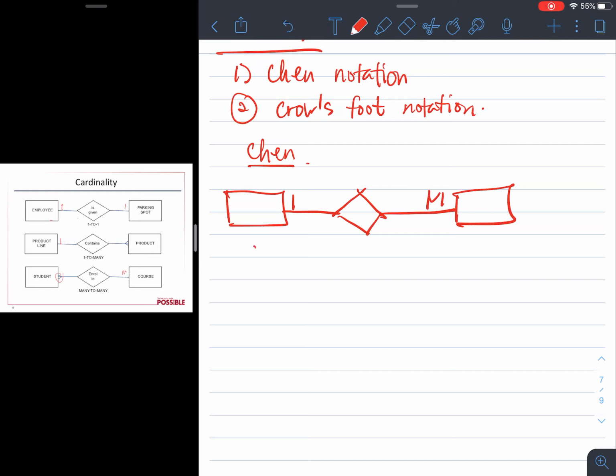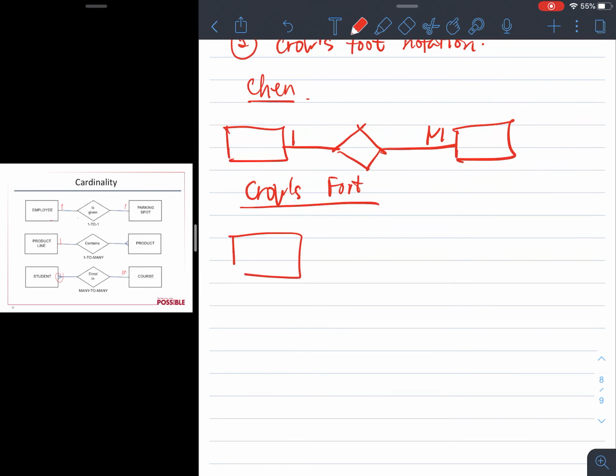But in crossfoot, the entity shape is the same and you still have the diamond. For one to many, this is written as one, and this is written as many. If you have one, this is one. If you have many, this is many.